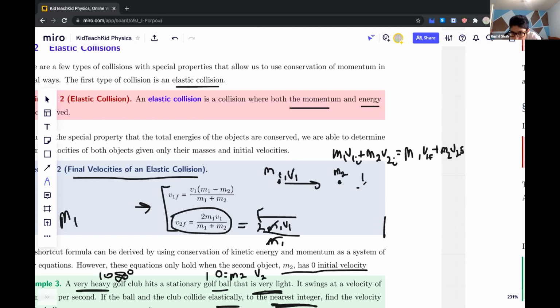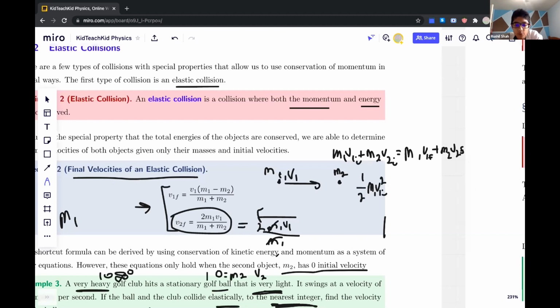So for those of you who don't understand where I'm getting the energy equation, just know that I'm going to be discussing this more in depth in next class, like what energy is. So it's fine if you don't understand this right now. So we have 1/2 m1 v1I squared plus 1/2 m2 v2I squared, and so on and so forth, equals that.